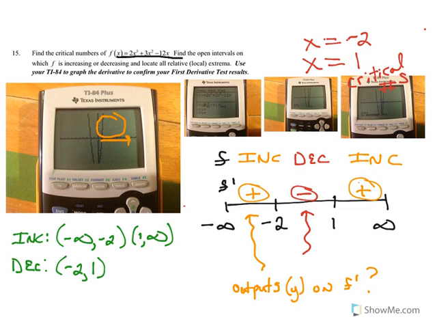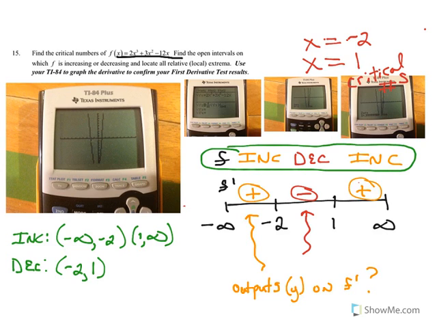And remember, this is a graph of f prime. Don't confuse it with us talking about what is happening on f. We're not looking at a graph or a picture of function f right now. We're looking at a graph of its derivative, f prime.